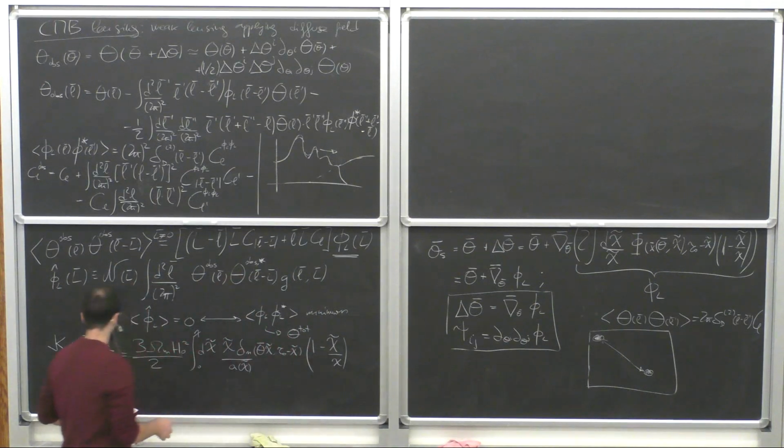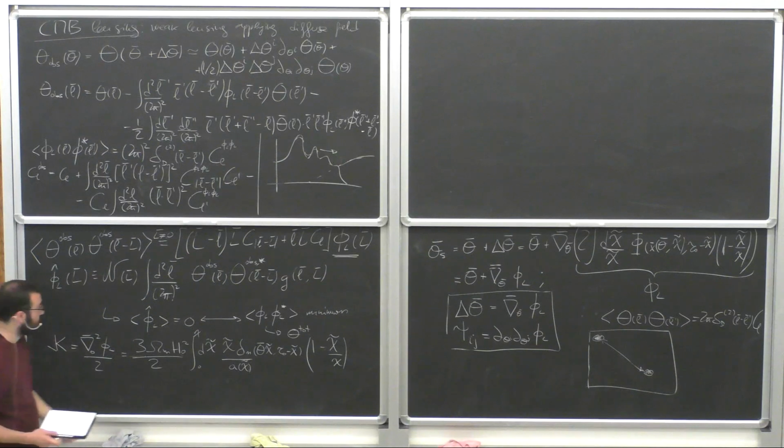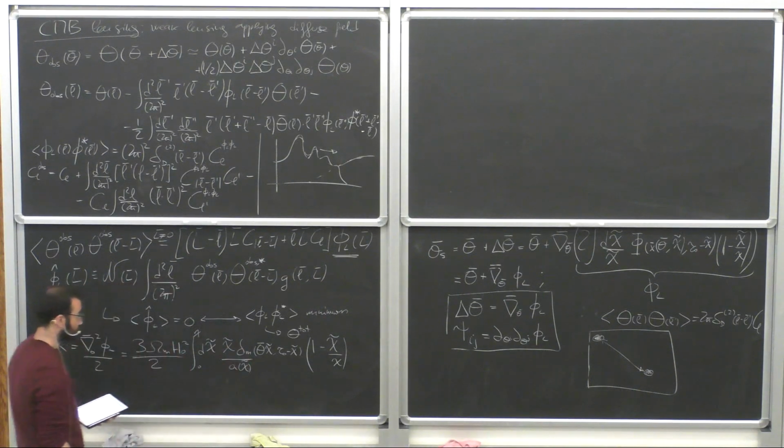Okay. So basically, from doing the reconstruction of the lensing potential using the quadratic estimator, we generate a convergence map that depends directly on the projection of the matter perturbations.